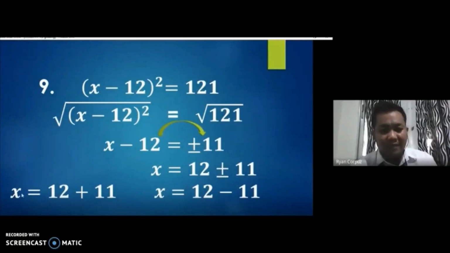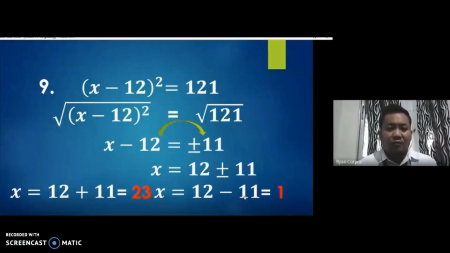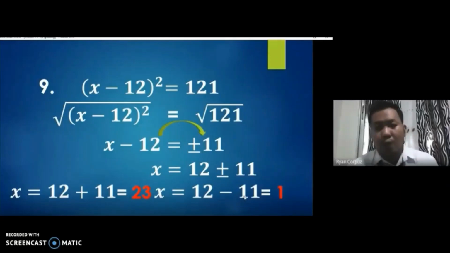When we answer this, x is equal to 12 plus 11, that will be equal to 23. While x is equal to 12 minus 11, that is equal to 1. So, the solutions to the given quadratic equation are 23 and 1.